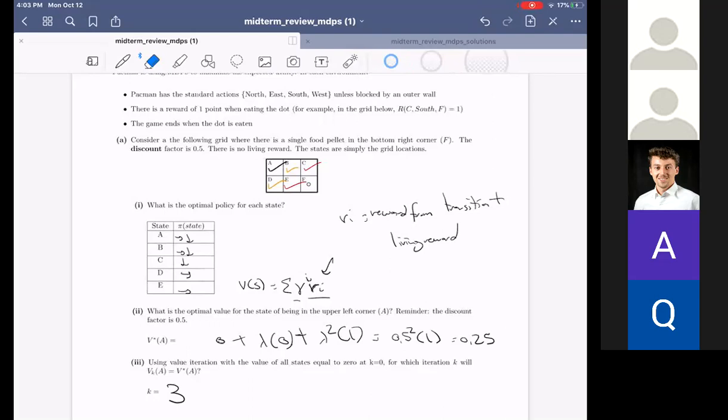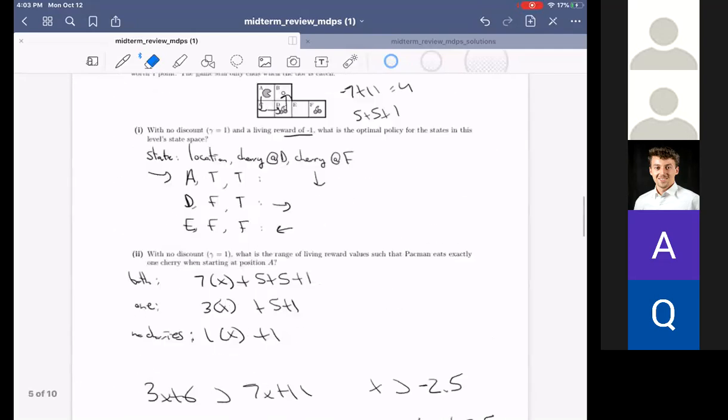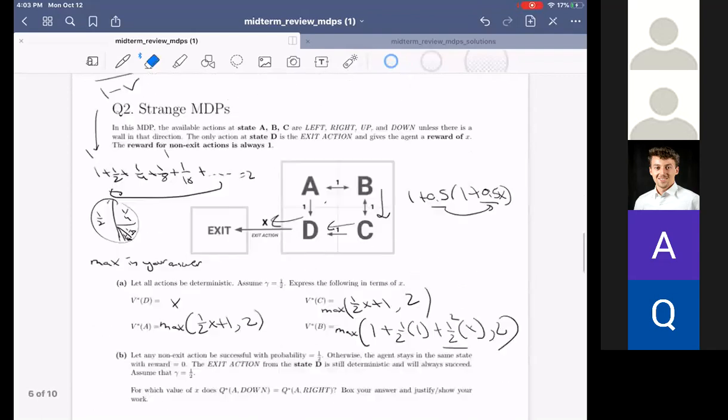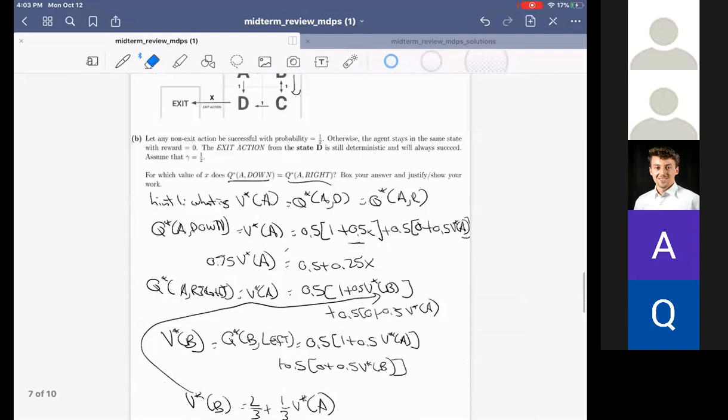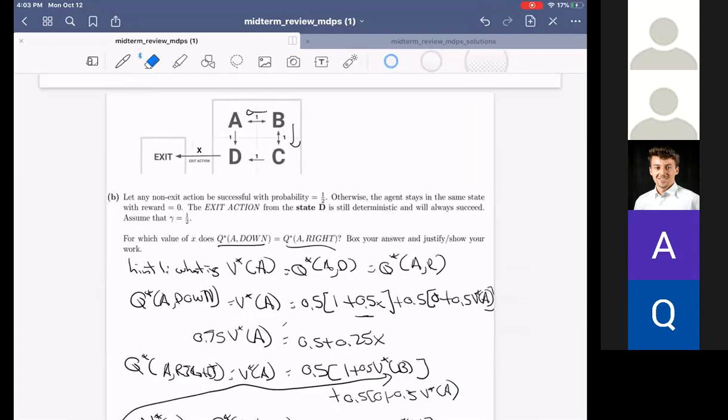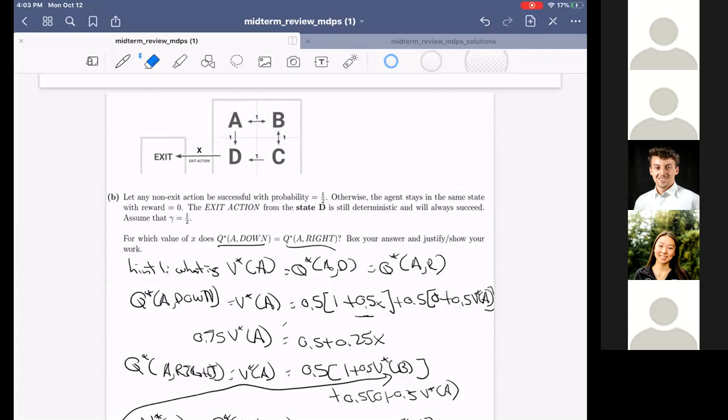Akshay, I had a question as well. In question 2, why do we know that V star A is equal to Q star A down, which is also equal to Q star A right? So from A, we only have these two choices, to go right or to go down.